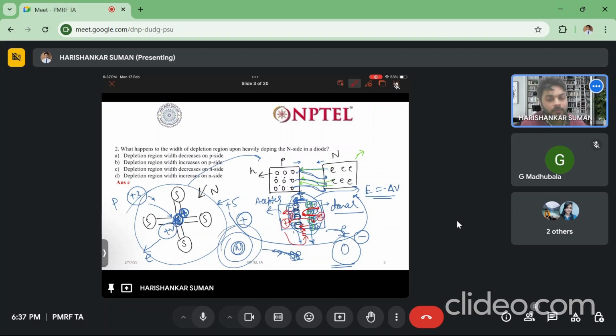Clear? In this depletion region, finally, this side is negative, negative, negative, and this is positive, positive, positive. This is the depletion region, initially P and N. But if we dope heavily, what will happen?